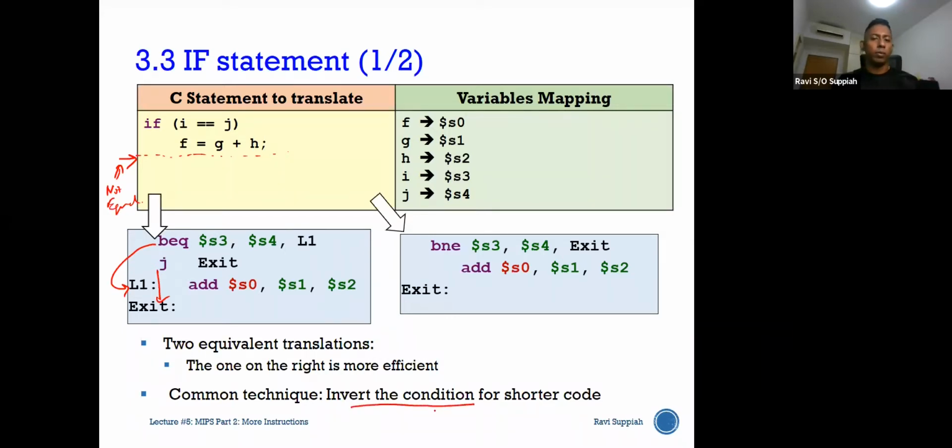When you say inverting the condition, we look at what is required in the C and we try to invert it. So since here I'm trying to check for equal, I see if writing the assembly language doing the not equal check would be a better or more efficient translation. So that is basically one way in which you can see whether the first option or second option would be better.